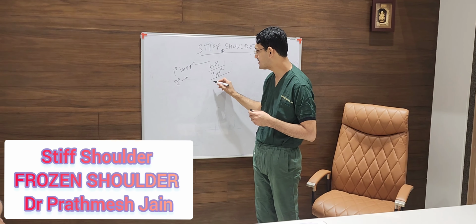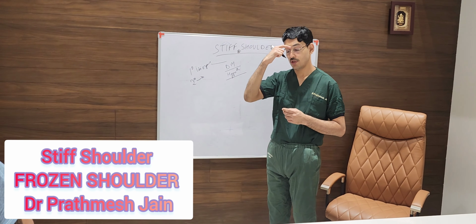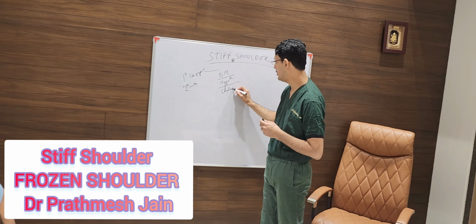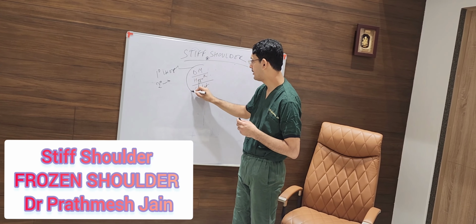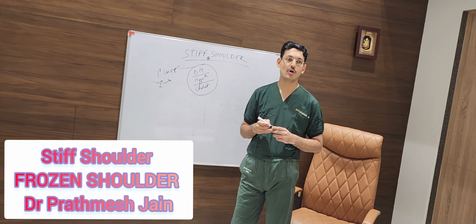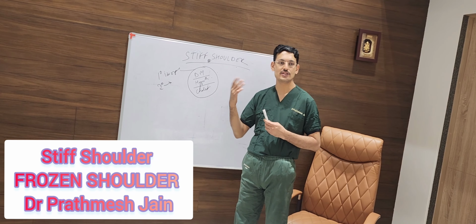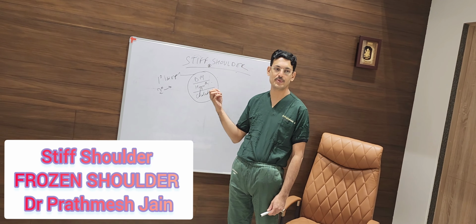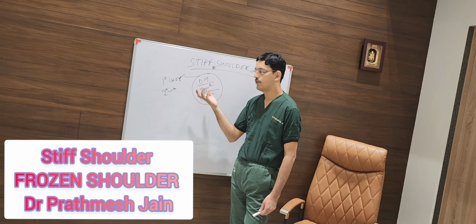So hypertriglyceridemia or hypercholesterolemia. Yes. So these three are cholesterol, thyroid and sugar. These three can cause a high risk, and these patients are more prone to develop frozen shoulder.